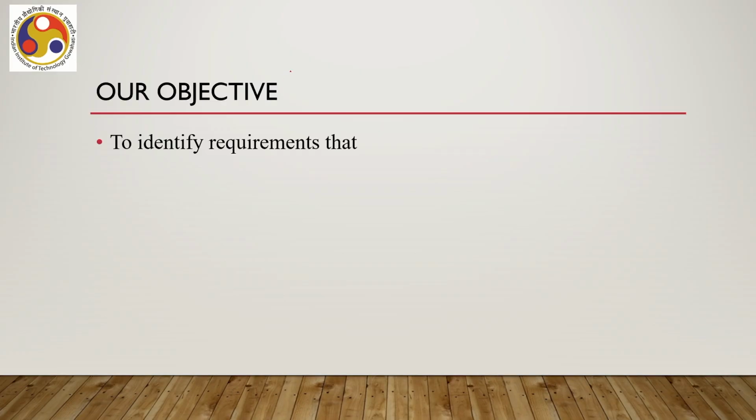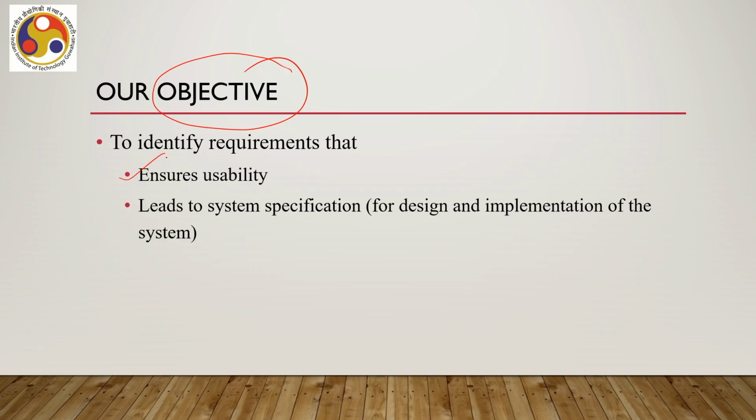So, our objective is to identify requirements that ensure usability and lead to system specification. So, both are important. One is we have to identify requirements that ensure usability, but also we need to be able to specify those requirements so that those can be converted to code for implementing the system and deploying the system.